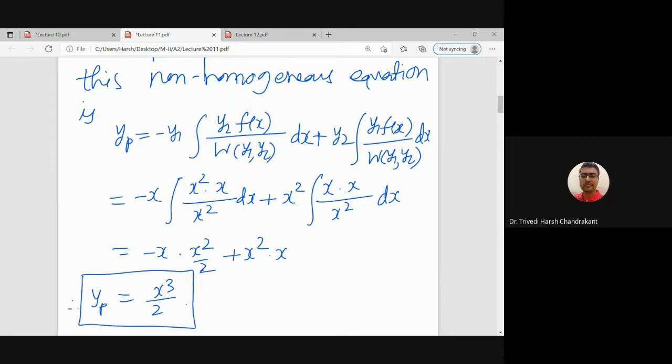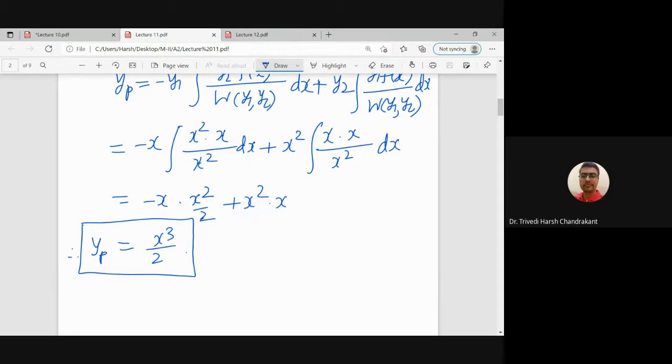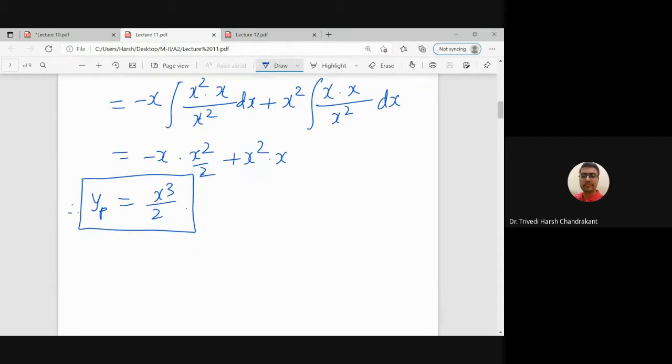of the non-homogeneous equation. So we got general solution of the homogeneous equation and particular solution of the non-homogeneous equation. So now we can write down the general solution of the non-homogeneous equation.